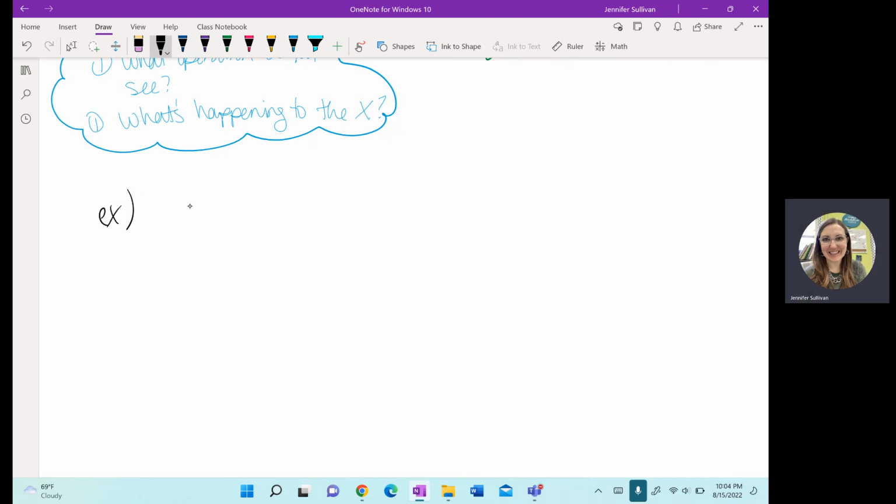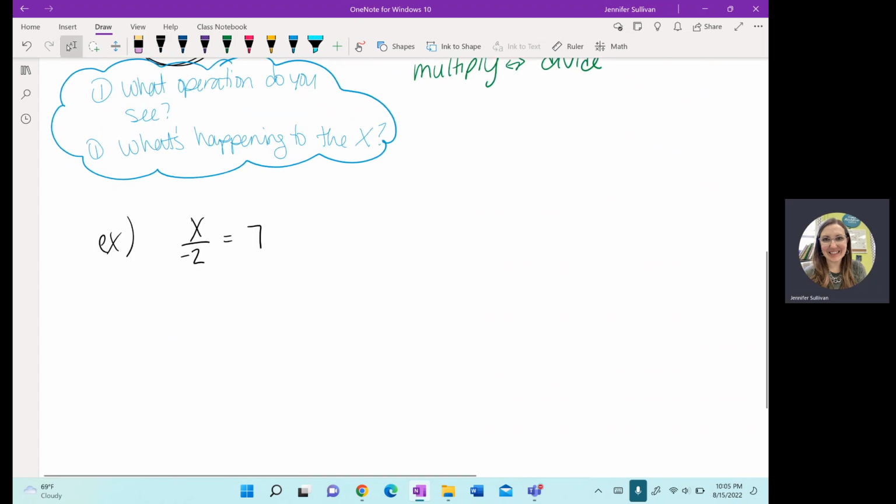Let's say this one. If I had x divided by negative 2 equals 7. The first question I'm going to ask you is coming back up here. Again, these two can be the same. What's happening to the x? Or what operation do you see?